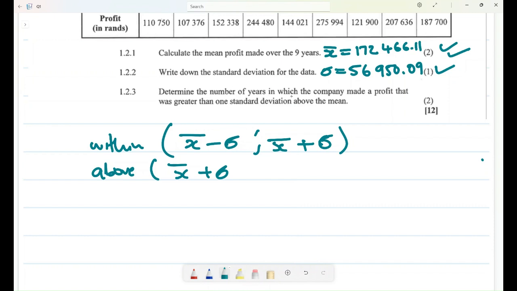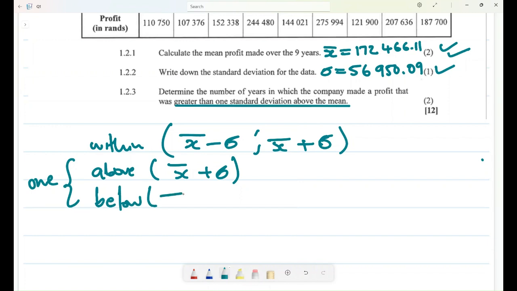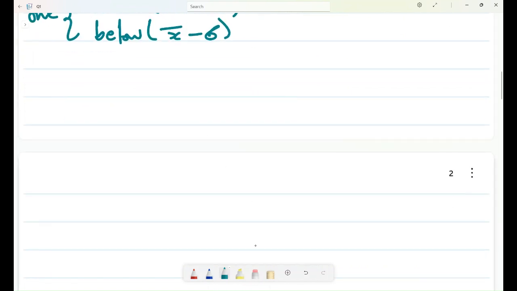Now they say determine the number of years in which the company made profit greater than 1 standard deviation above the mean. Below, you're going to say X bar minus 1 standard deviation. The examiner can be smart and say 2 standards above the mean.